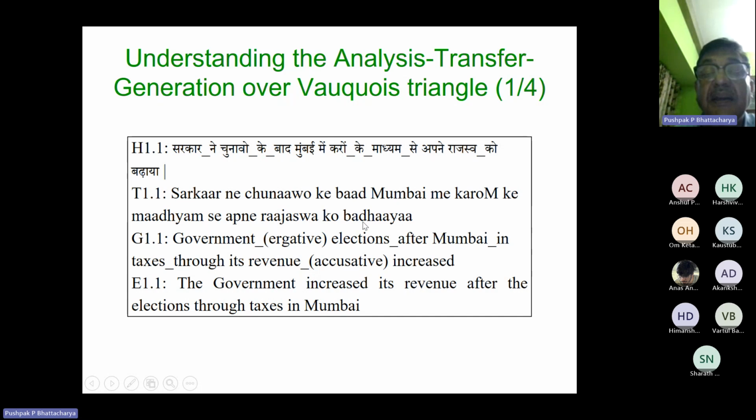Badhaya, increased, was at the end of the sentence; increased, as the gloss shows, has come to the third position in English. Then all other constituents or components are coming one by one at their respective places.